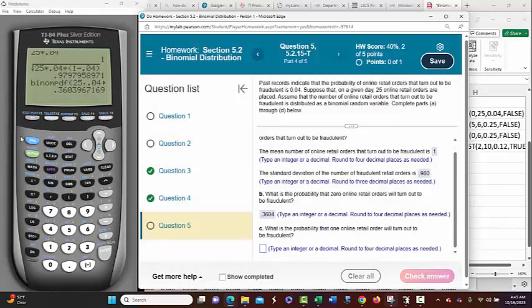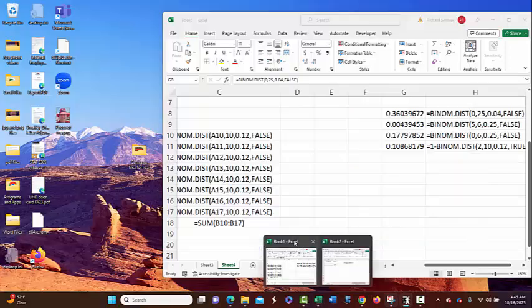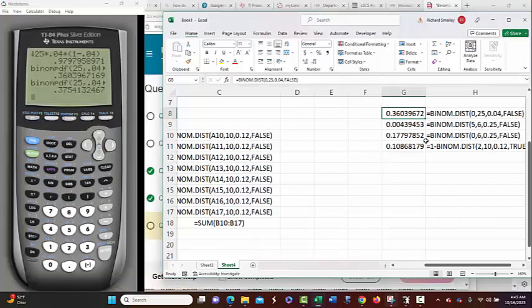Okay, it wants to do 1 now. So I'll just change that 0 to 1. Come over here to Excel. In case we have to add something up, I'm going to go ahead and copy this one to the next cell. I don't want to lose that number just yet.